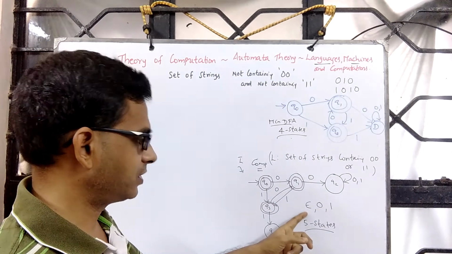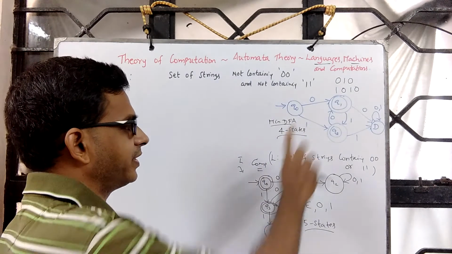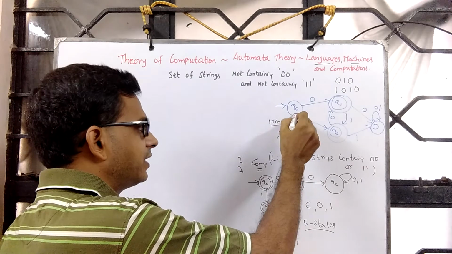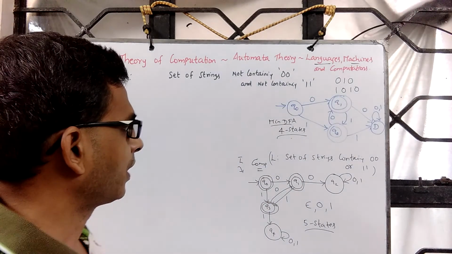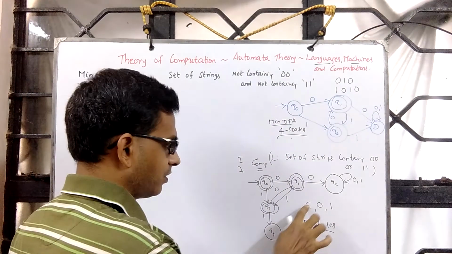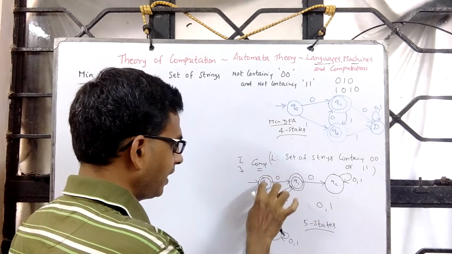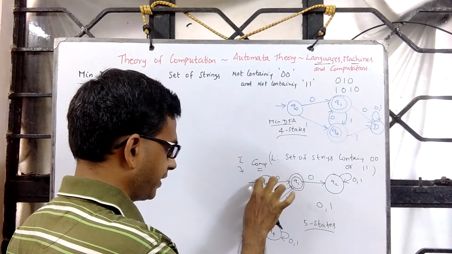So between these two, the only difference is that because we come from L to L complement, epsilon is also accepted by this automaton. In this we have not included epsilon. We said base strings are 0 and 1. If you include it, then even this will become the final state. So just to ensure consistency, I'll drop epsilon, and similarly I'll make this one a non-final state.